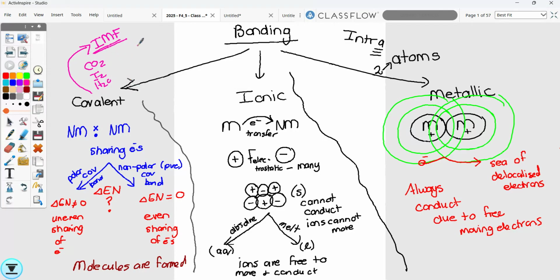And then you've got the giants. Yes, you've got three giants. Those three giants, you actually need to spot them from a mile away because they always have the strongest bonds, and they are going to have the highest melting and boiling points. What are the three you have to look out for?